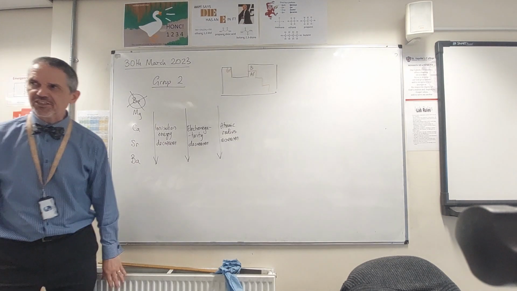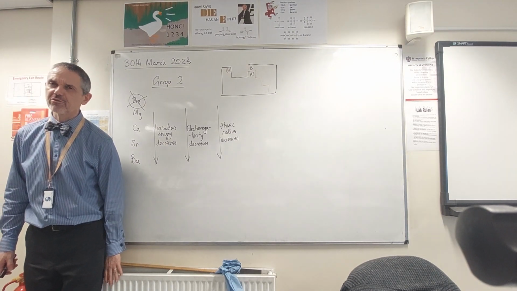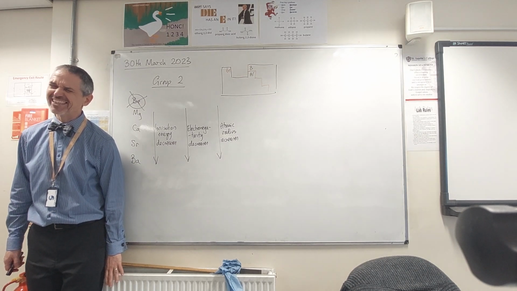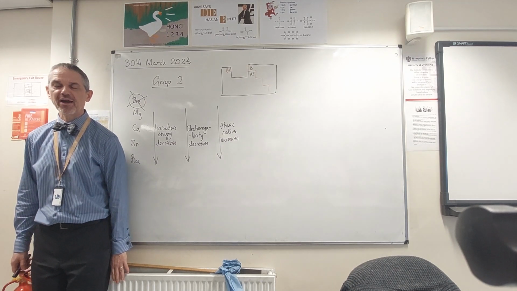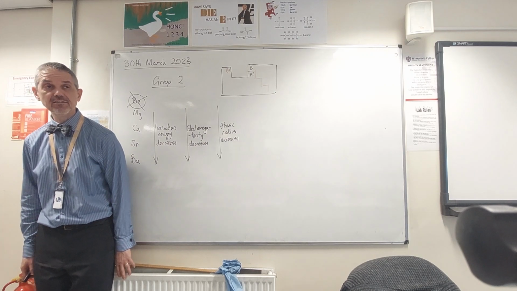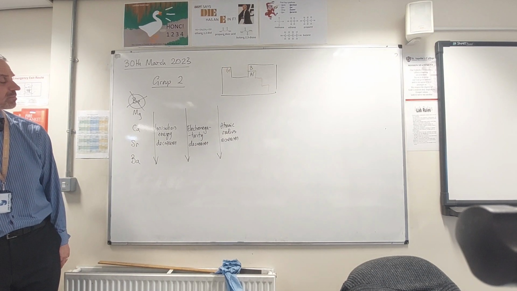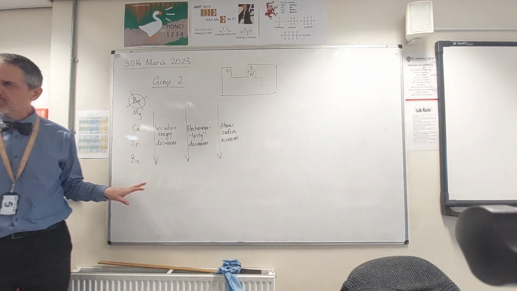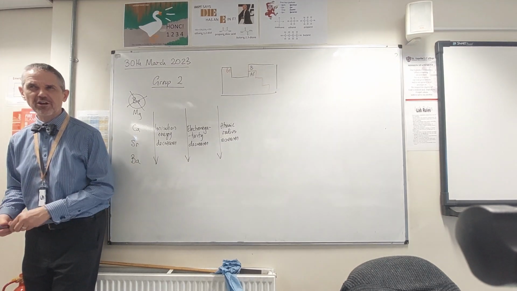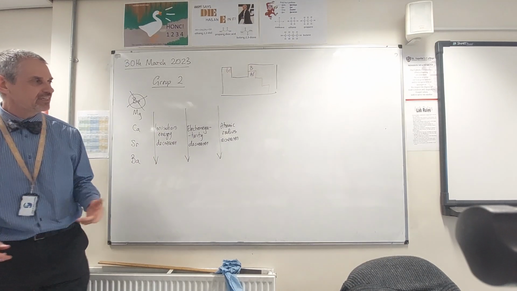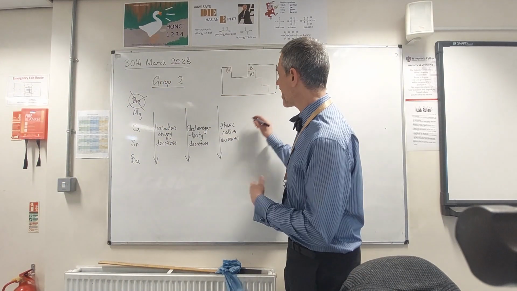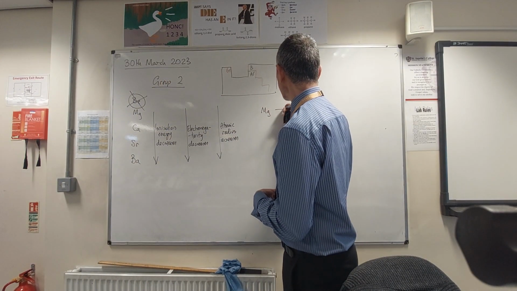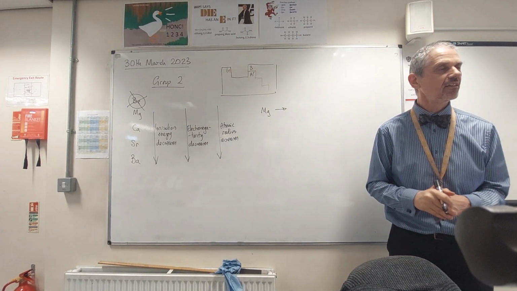The trend that you would know from group 1, the GCSE trend, is reactivity, and that trend holds for group 2 as well, though try not to talk about reactivity. When magnesium reacts, what's happening in terms of its electrons?